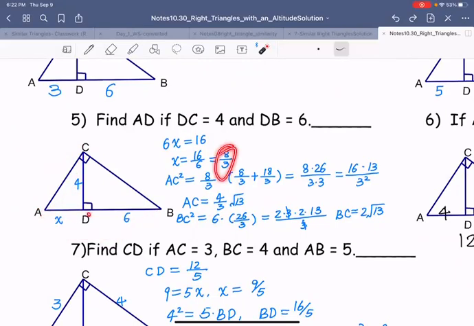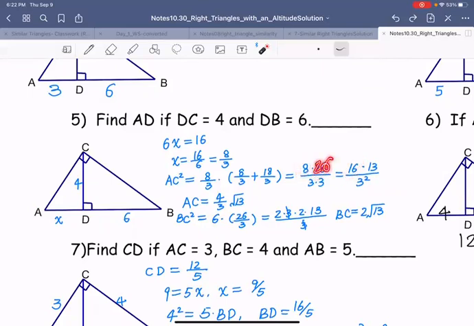This is 8 over 3, and 8 over 3 plus 18 over 3, because 6 can be converted to this, correct? Yes, Angela? And 8 plus 18 is 26, over 3 times 3. Well, you want to match to a perfect number here.